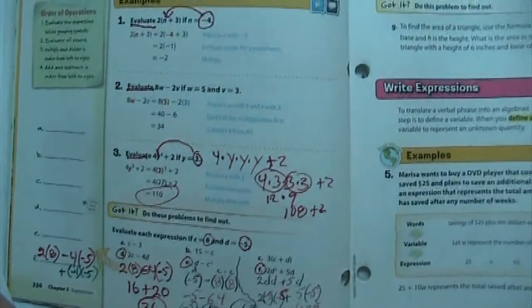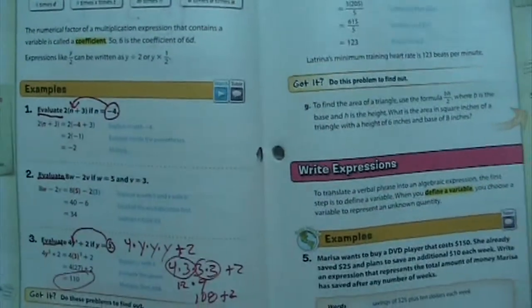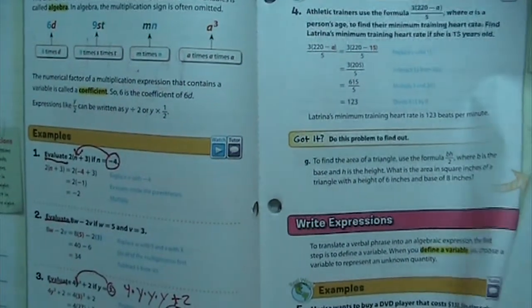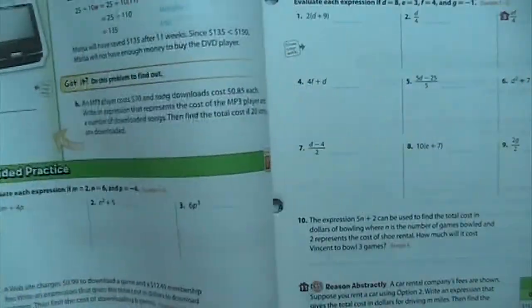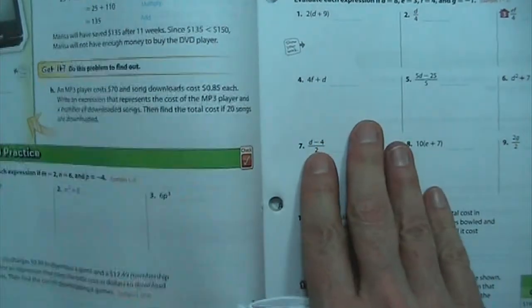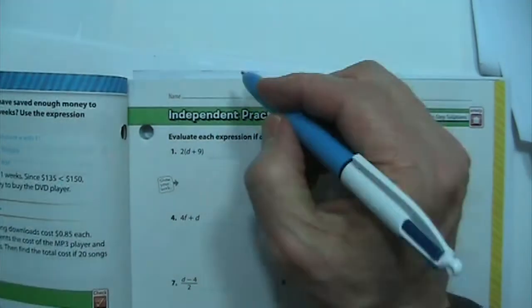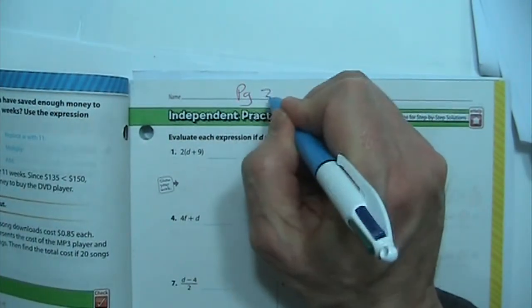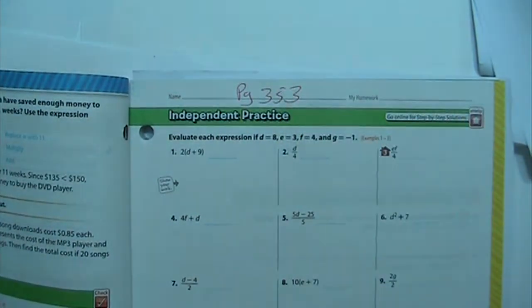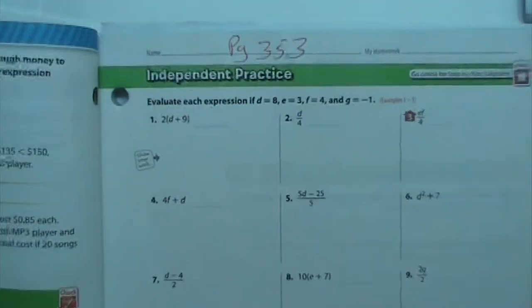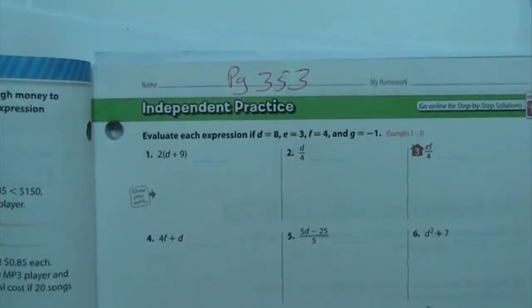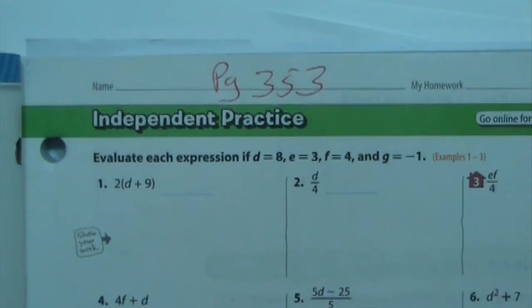Okay, so what you're going to do now is turn a couple of pages to this page here, which is 353. Page 353. And I'd like to do one of these problems with you. 353 is where we're at.